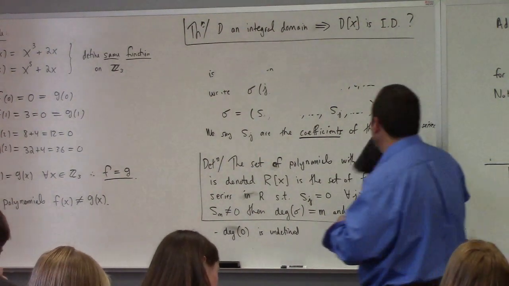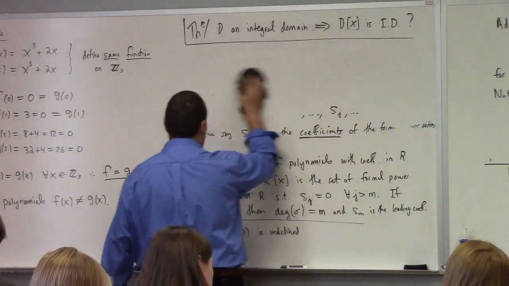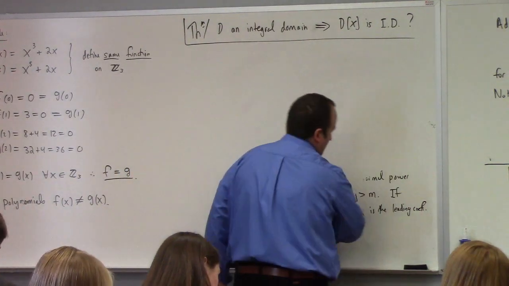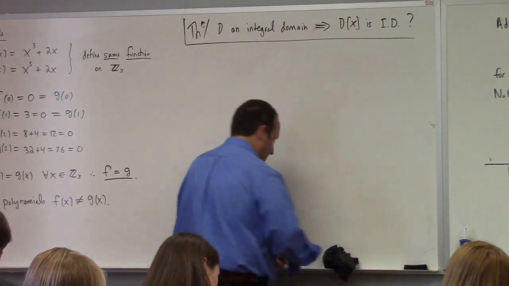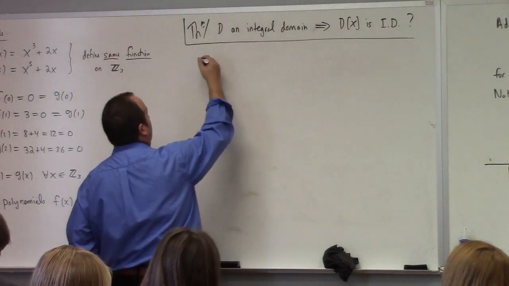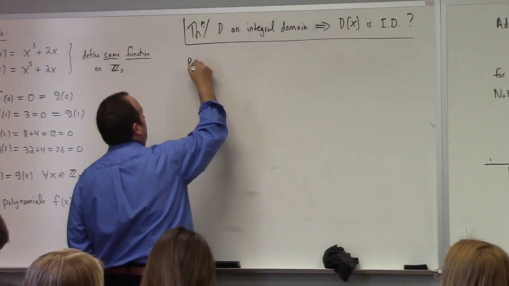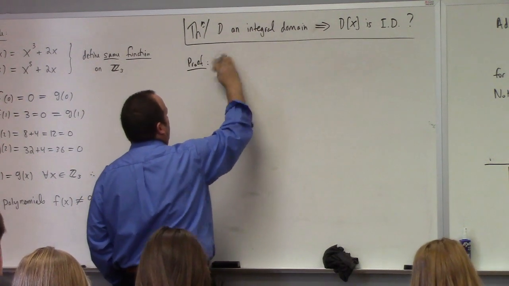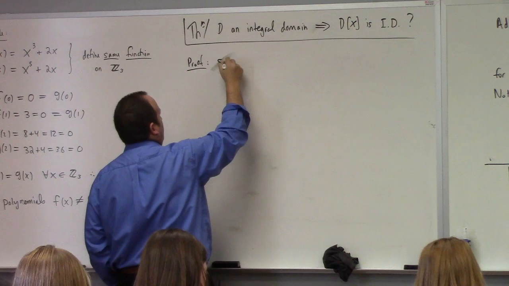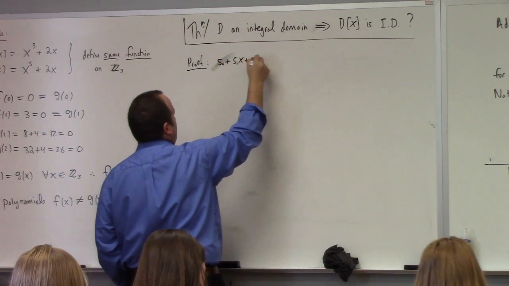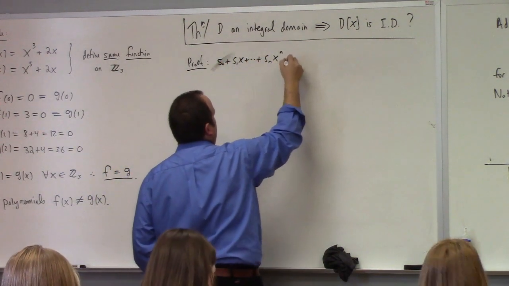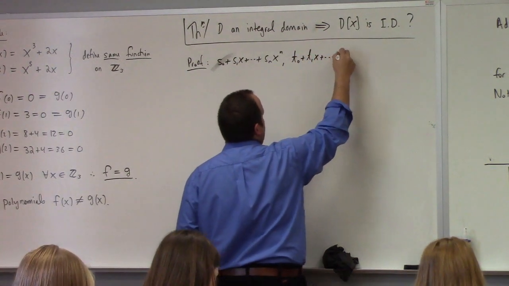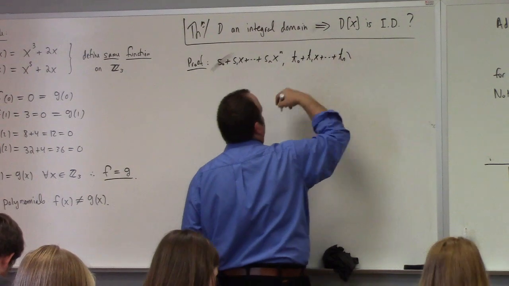Take a couple polynomials, multiply them, set them equal to 0, then what do we want to show? Right? So let's let s0 plus s1x plus da-da-da plus sn x to the n, and t0 plus t1x plus tn x to the, we shouldn't use the same degree necessarily.